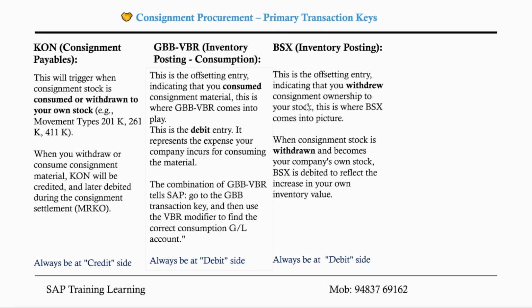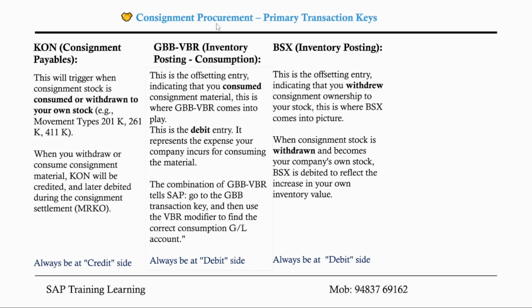The third one is BSX. We use it in normal standard purchase orders also. BSX comes into the picture only when our inventory is involved. Company inventory is involved.